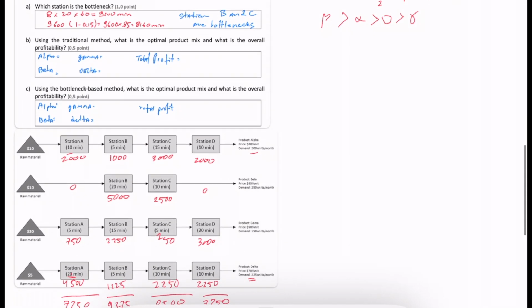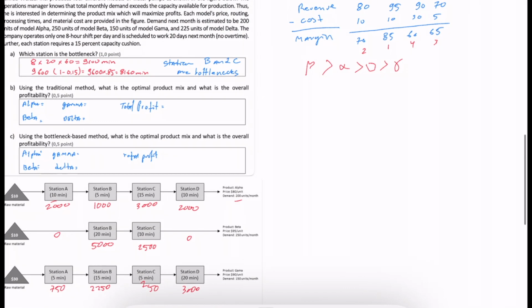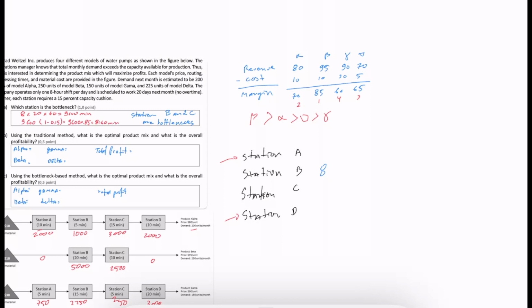Well, we found here it's 1000, 5000, 225, 1125 for stations A, B, C. I know that this and this are not bottlenecks. All the stations start with 8160 minutes available.